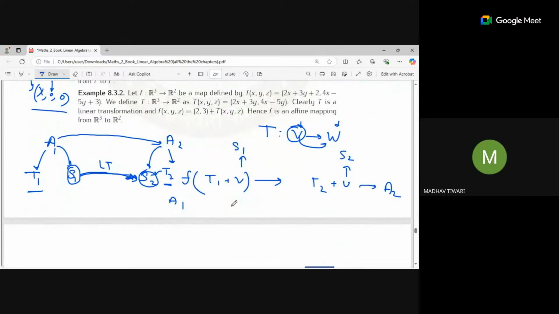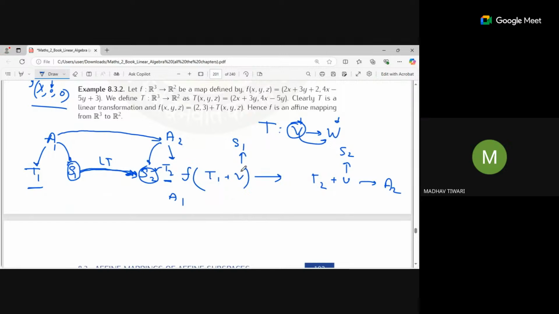Next is here. So you can tell me for this affine mapping, that (x, y, z), we have mapped it to this. For this vector (x, y, z), can you tell me what will be my translatory vector? Is there any constant term in any of the components?